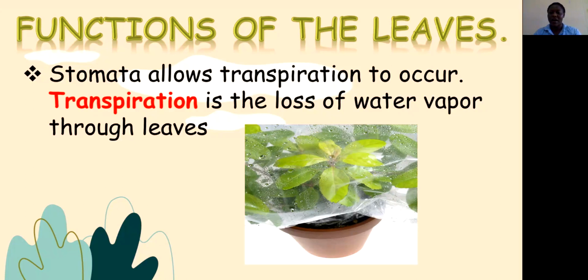You get a tree and then you wrap it round. You tie it round and then you leave it from morning till night, or after some hours, you go and check. You will find a lot of water inside the plastic bag. Why? Because plants use water.